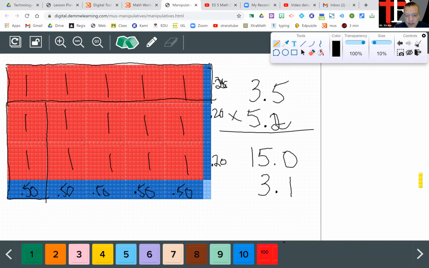And then the last little section is this little light blue down here, which is 10 single units. That's going to be 0.10. If we add these together, we're going to get 0, 2, decimal is going to go right here, 8, and 1. So 18.2 is going to be our final answer.